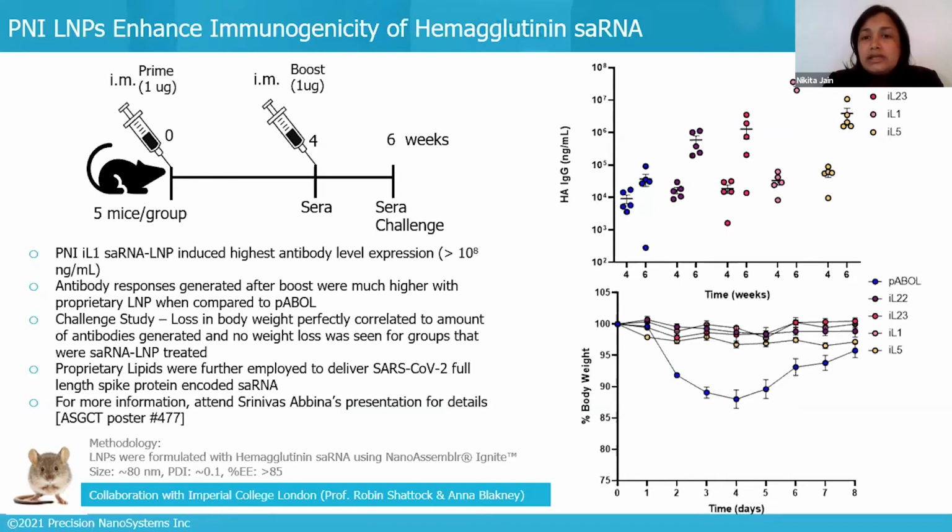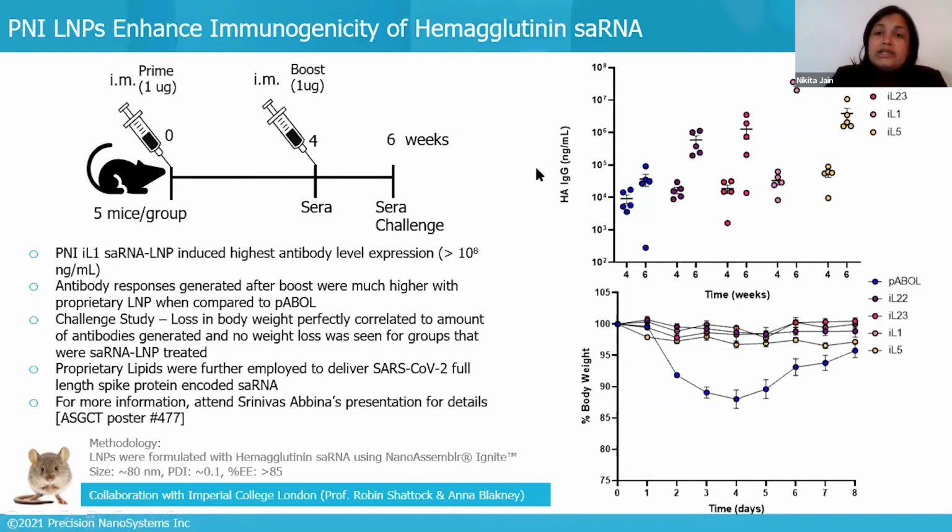And you can see that a significant antibody response was seen after the mice groups were boosted. I would like to draw your attention to IL-1, where the antibody response that we got was in the order of 10 to the power 8.